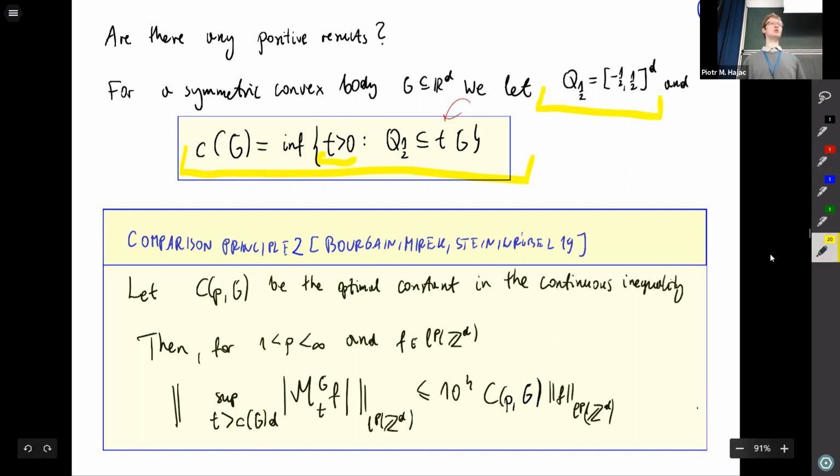The Q without the subscript was just the unit cube [-1,1]^d, the cube which has diameter 1. So it's the one that has Lebesgue measure 1.